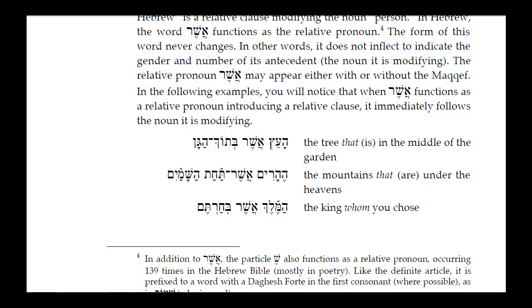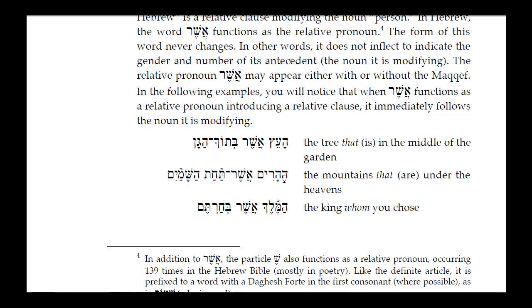Ha'etz asher betoch hagan. The tree that is, or which is, in the midst of the garden. The tree is the subject, or is the noun, which is, and then asher is the relative pronoun tying the tree and a clause about the tree, which is in the midst of the garden. Heharim asher tachat hashemayim.